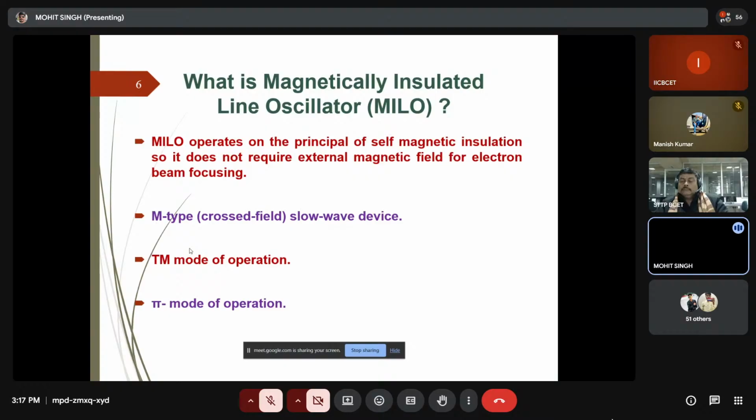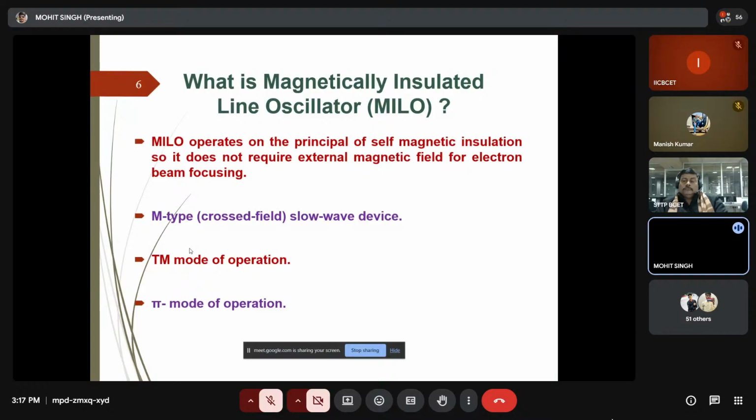Now, coming to my magnetically insulated line oscillator, it works on the principle of self-magnetic insulation, so it does not require an external magnetic field for focusing the electron beam. Whenever a high power microwave device is designed, one basic component required is the cathode, and another is the anode. The cathode is the source of the electron beam.